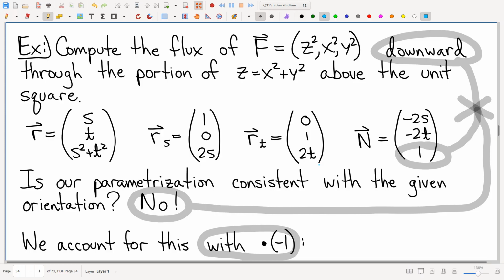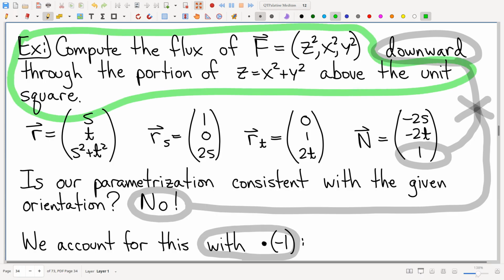So it's your responsibility. I cannot emphasize this enough. If the question comes to you well stated, namely with an orientation given to you, that's your cue that you have to make sure that you either parameterize correctly or that you account for it appropriately, one or the other. Okay, so here we go. All of this is exactly the same as what we saw in the previous example.